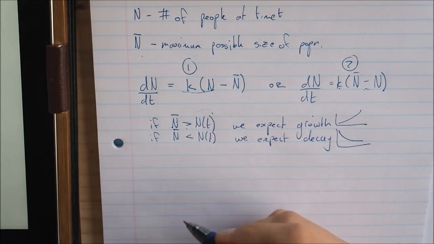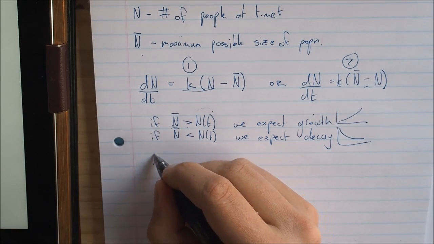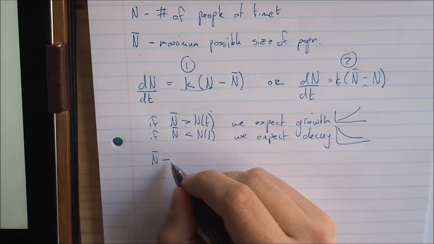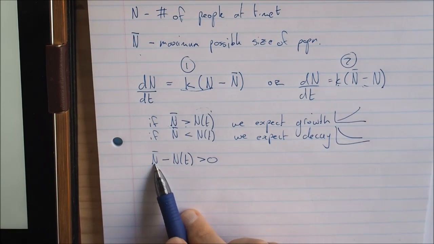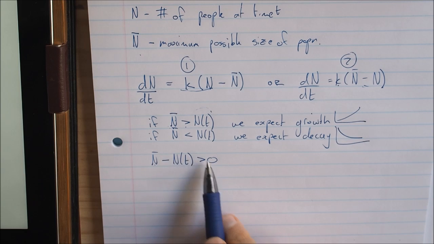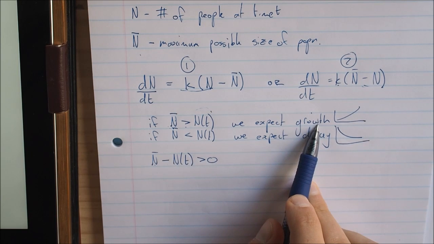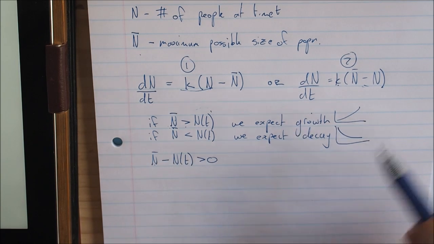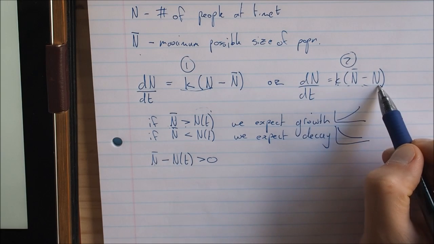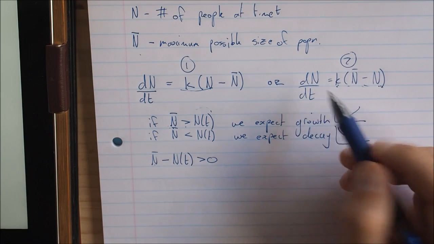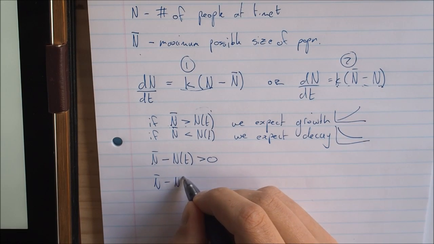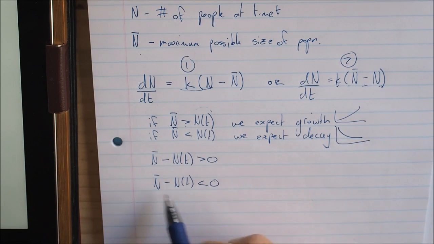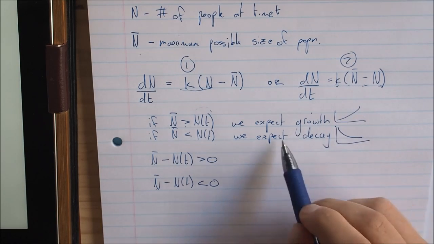In the first case here, we take n of t over to the other side: n bar minus n of t is going to be greater than 0. So when n bar minus n of t is greater than 0, we expect growth. If this is positive and k is positive, we get growth. And in the second case, n bar minus n of t less than 0, we expect decay.